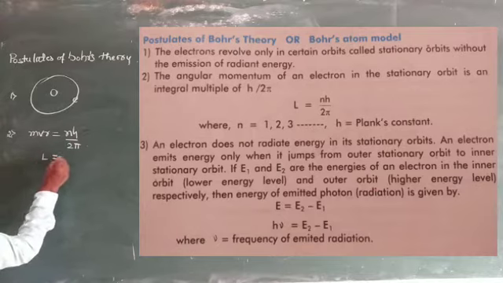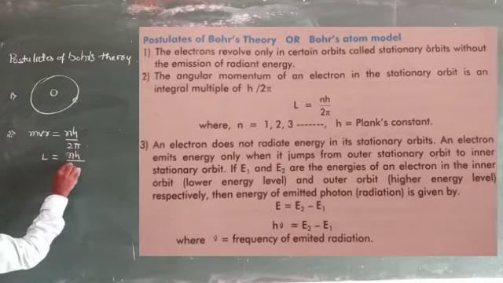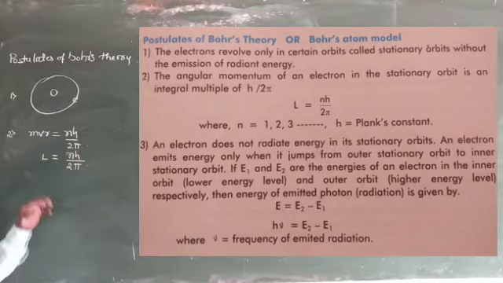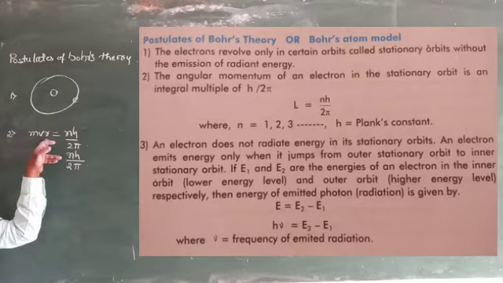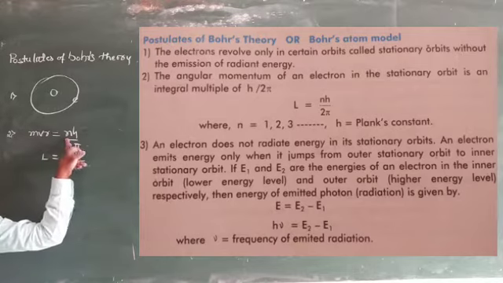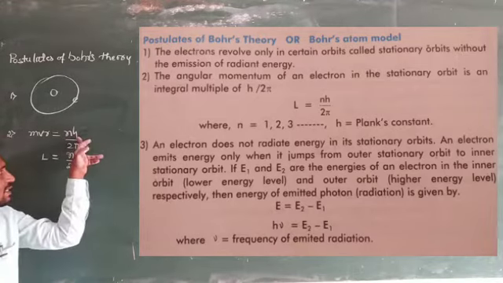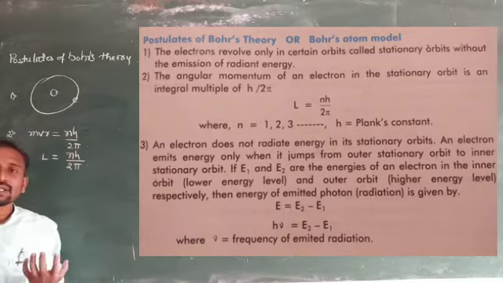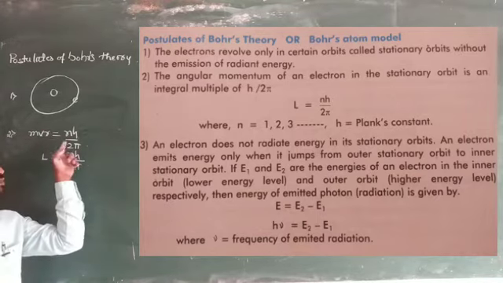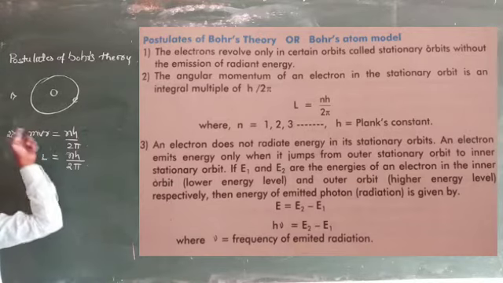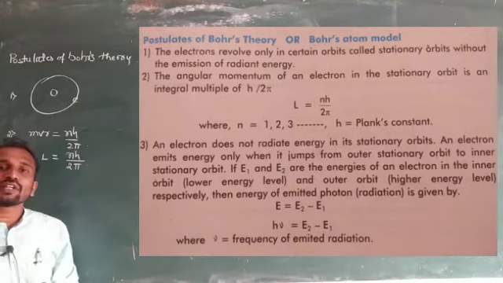Here the electron has a particular mass m, velocity v, and the radius of the circle is r. n is the number of the orbit, h is Planck's constant, and 2 pi is a constant value. For this reason, the angular momentum of the electron is an integral multiple of h by 2 pi, because the electron revolves around the nucleus.